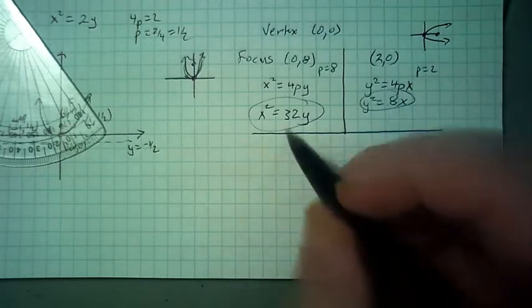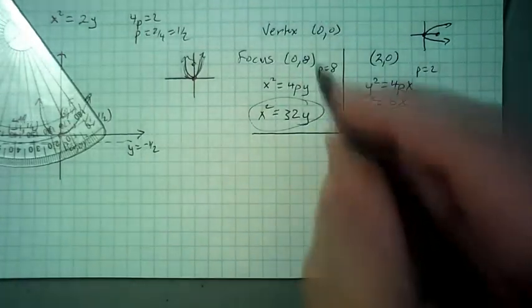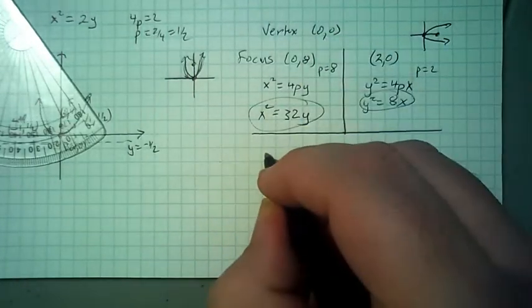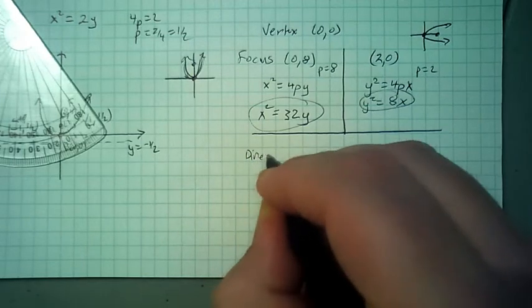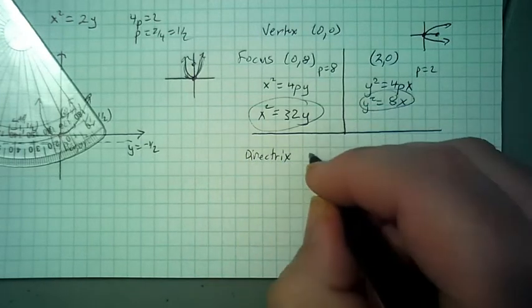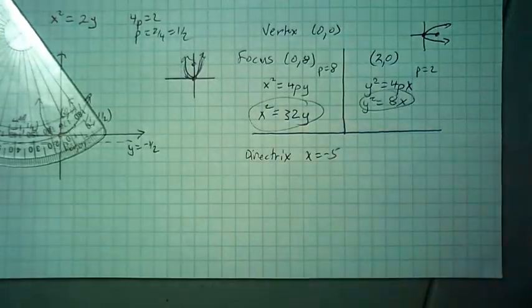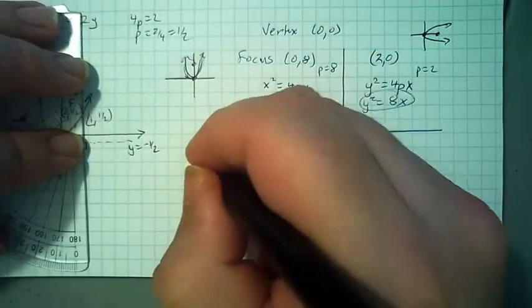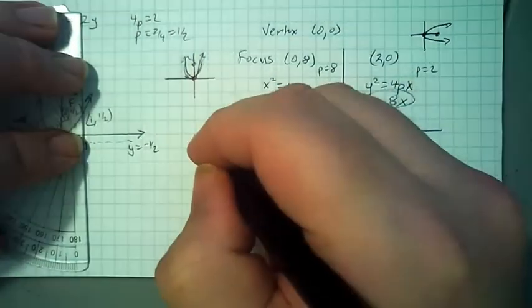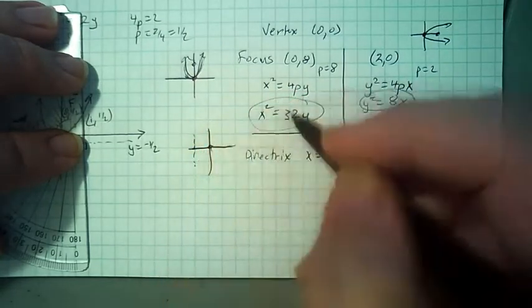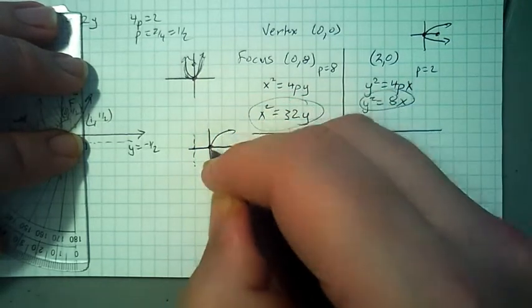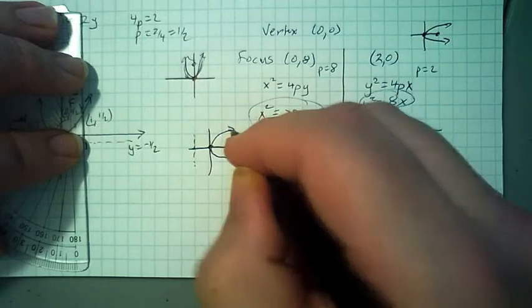Now you could also do one of these where the directrix is given. So if my vertex is at 0, 0, and my directrix is, for example, x equals negative 5. Now x equals negative 5 is a vertical line over here. And my parabola is going to hug the focus away from my vertical line.